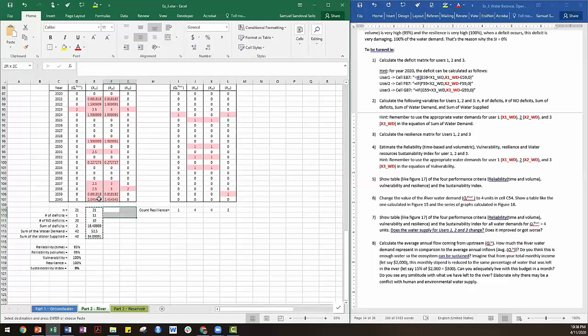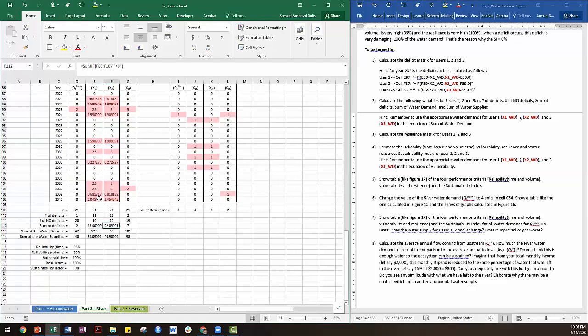Here we can copy all of this, and I think everything will be fine until here, because this one has to be x2 and this one has to be x3, which is the total water demand, which is multiplying the water demand times 21 years. So that's what we have in here.